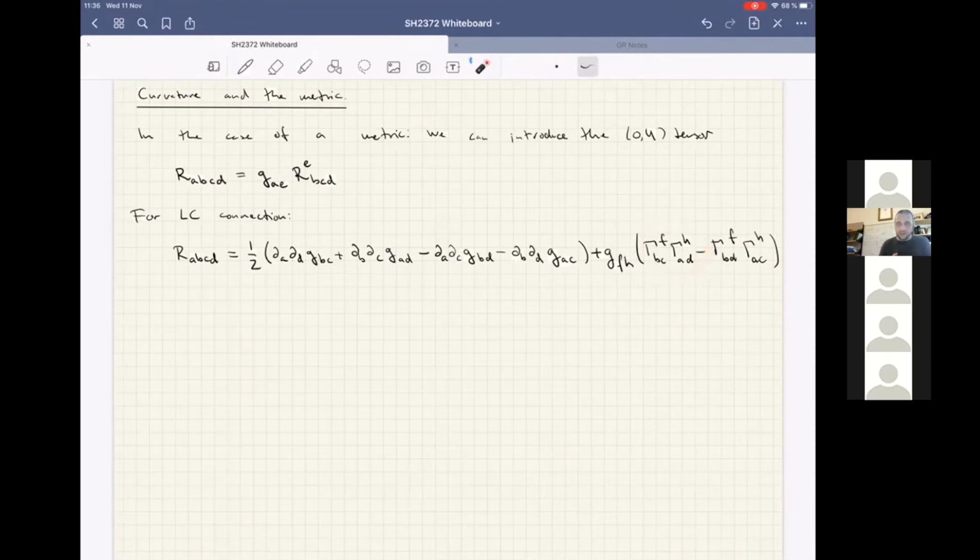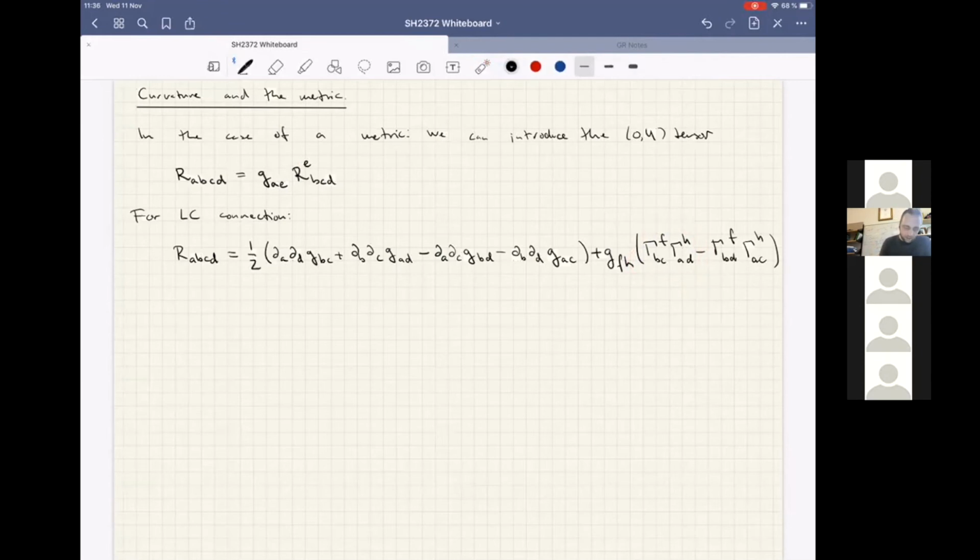However, this can be simplified in many cases, and it's particularly useful if you can find a coordinate system where the Christoffel symbols are 0. When are the Christoffel symbols 0? Well, they can be 0 at one point, let's say.